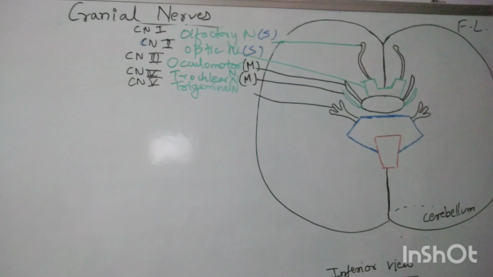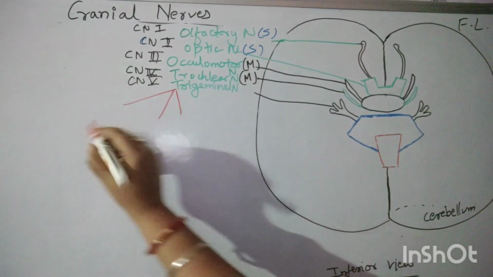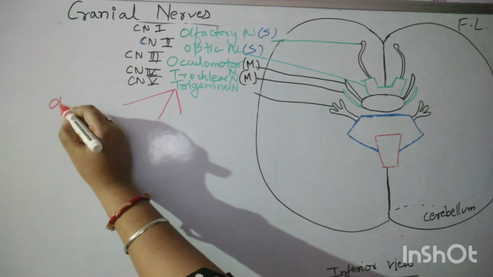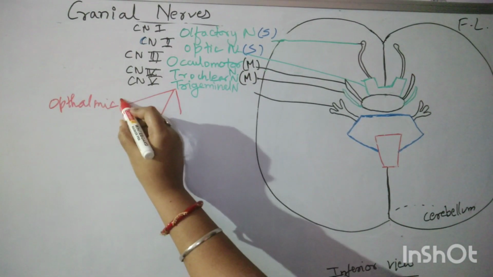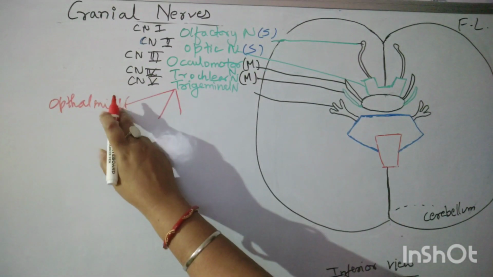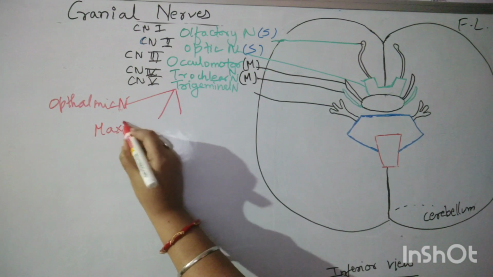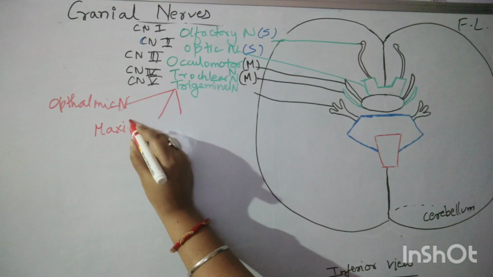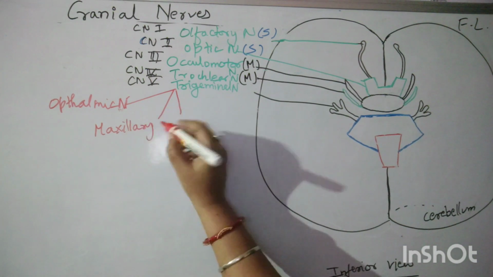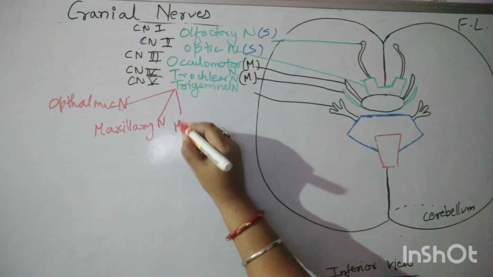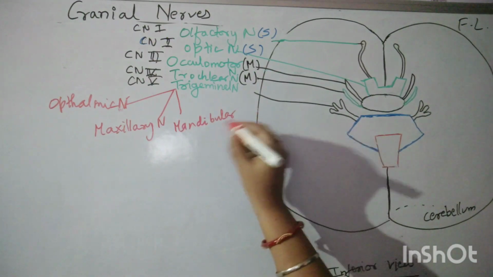Trigeminal nerve has ophthalmic nerve, maxillary nerve, and mandibular nerve.